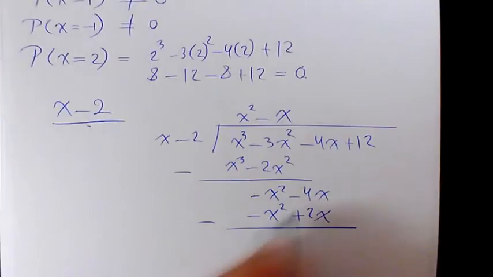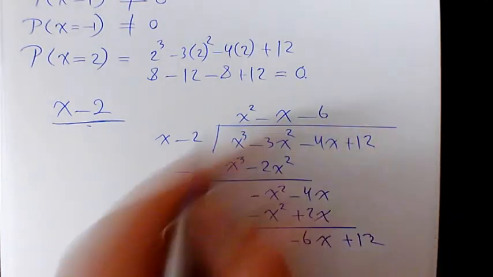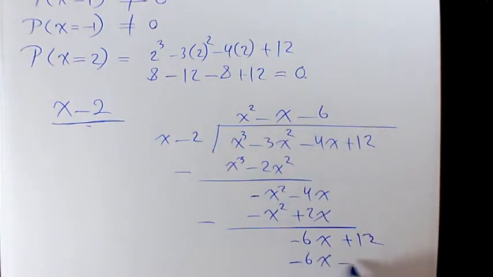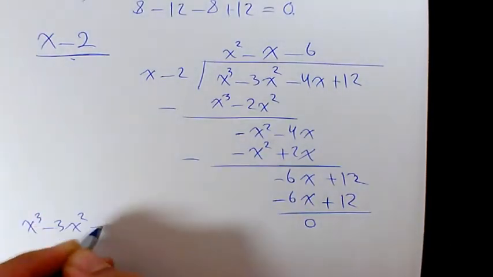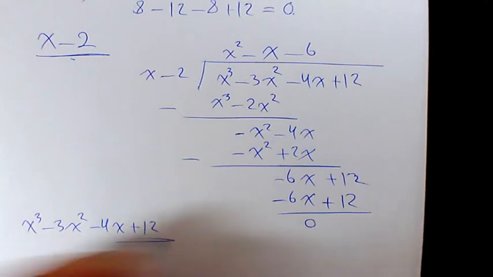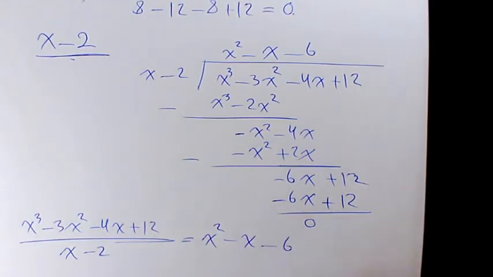You subtract it, and it cancels out. Negative 6x plus 12 divided gives negative 6. When you multiply, negative 6x plus 12 makes it 0. So x cubed minus 3x squared minus 4x plus 12 divided by x minus 2 is x squared minus x minus 6.